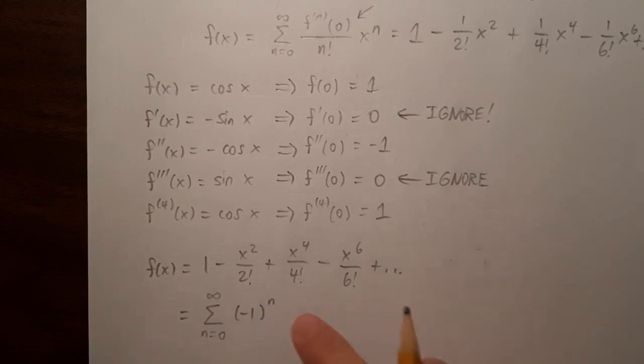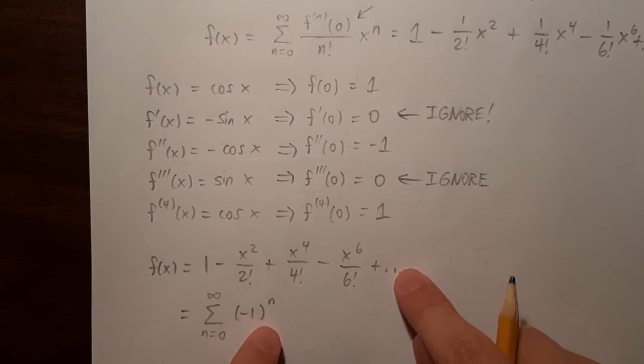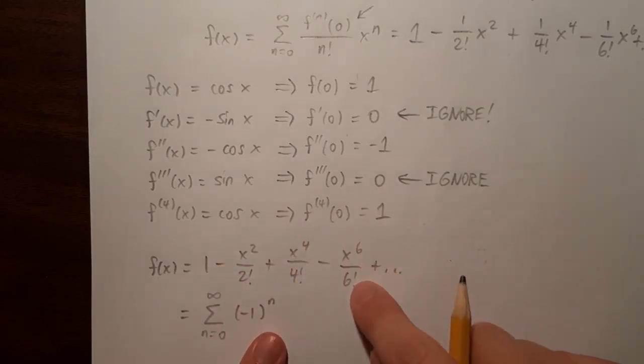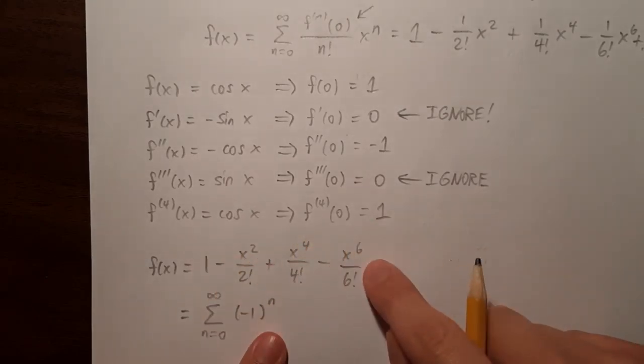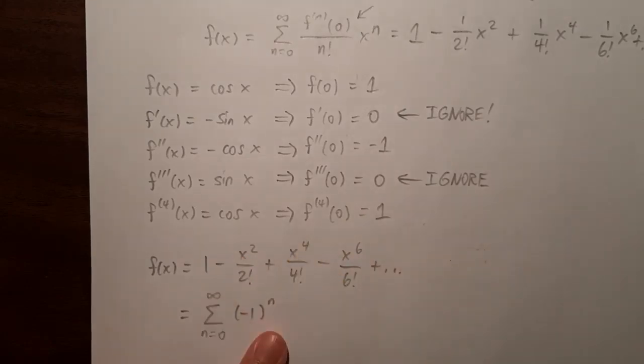And what's next? Well, I'm going to be skipping all of the odd terms. So I only have even numbers showing up in each term. Every term that I go up, I just get the next even number. Over here, I had x to the 0 over 0 factorial, which is invisibly just a 1.